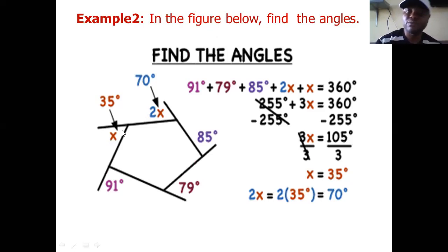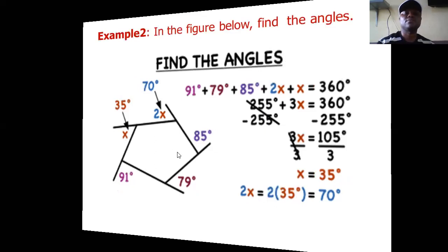And from the previous slide, you have learned that the sum of exterior angles of a polygon is what? 360. So you simply say 91 plus 79 plus 85 plus 2x plus x should give you 360 degrees. Just simple algebra, and when you divide both sides by 3, you will have x to be 35. So this side is 35, as you can see, and 2 times 35 will give you 70 degrees.